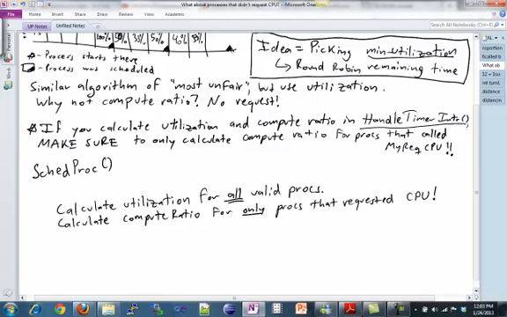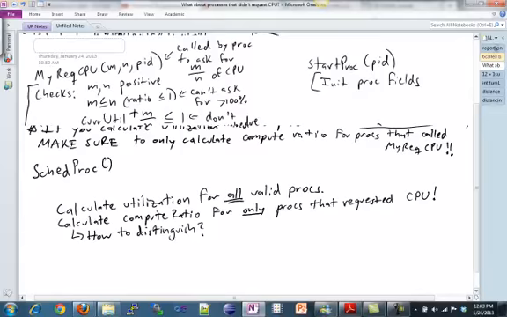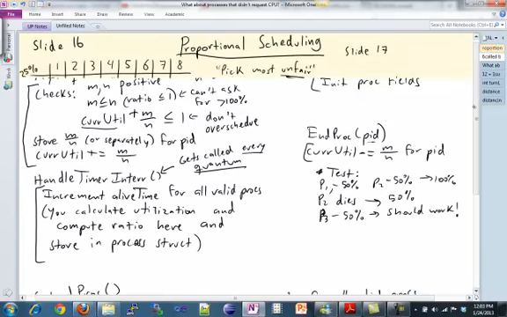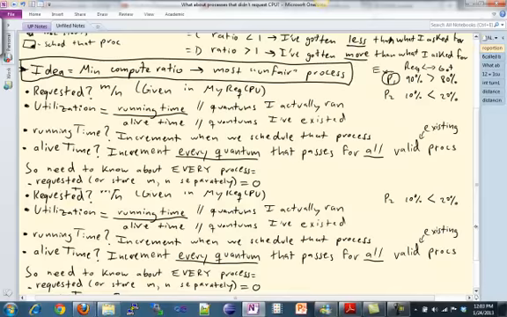Okay? Now, how do we distinguish that? Well, let's look at what a process has. Back in the day, in video 1, we established that processes need certain fields.